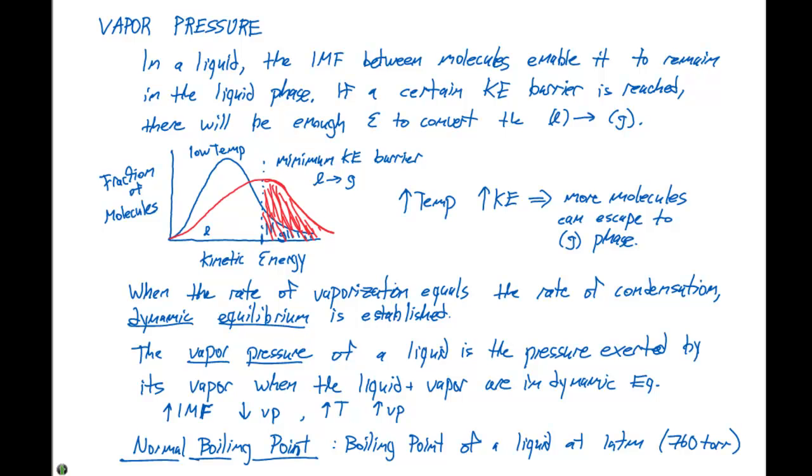So we have to come up with this baseline, and whenever you see boiling points, you're typically going to see a normal boiling point expressed, and that's when the vapor pressure is going to be at 1 atmosphere or 760 torr. We can do boiling points at any pressures, but just to compare different substances, it's nice to have a baseline or a standard, and that standard is what we're going to call a normal boiling point.